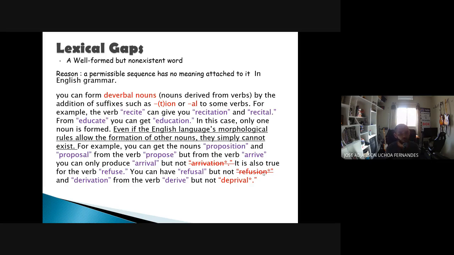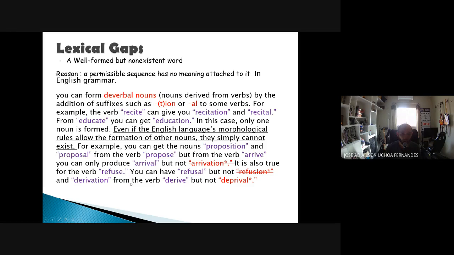Maybe refusion, if you consider re- as a prefix, meaning do it again, could be used as the repetition of the process of fusion, like fusing a metal, melting some metal, in that sense, but not deriving from refuse. So there's no refusion related to refuse.